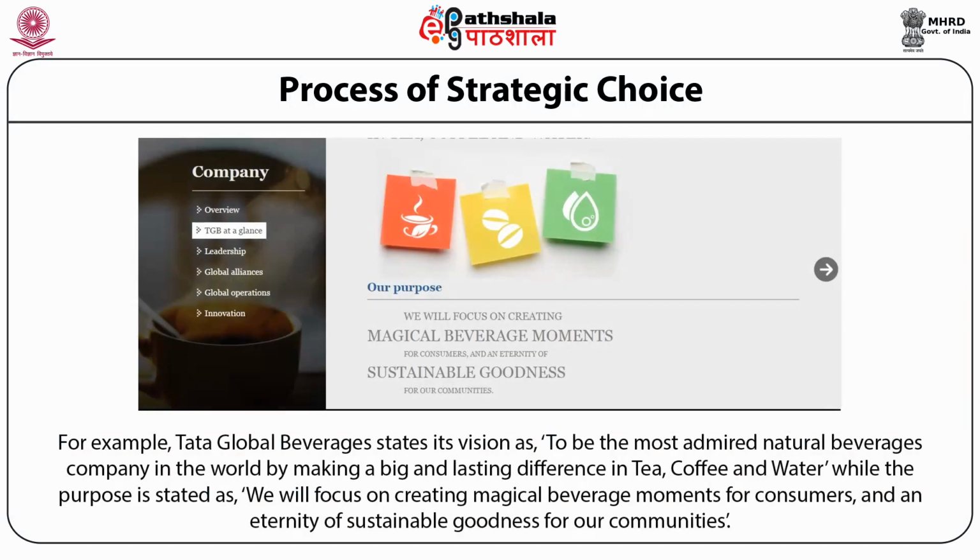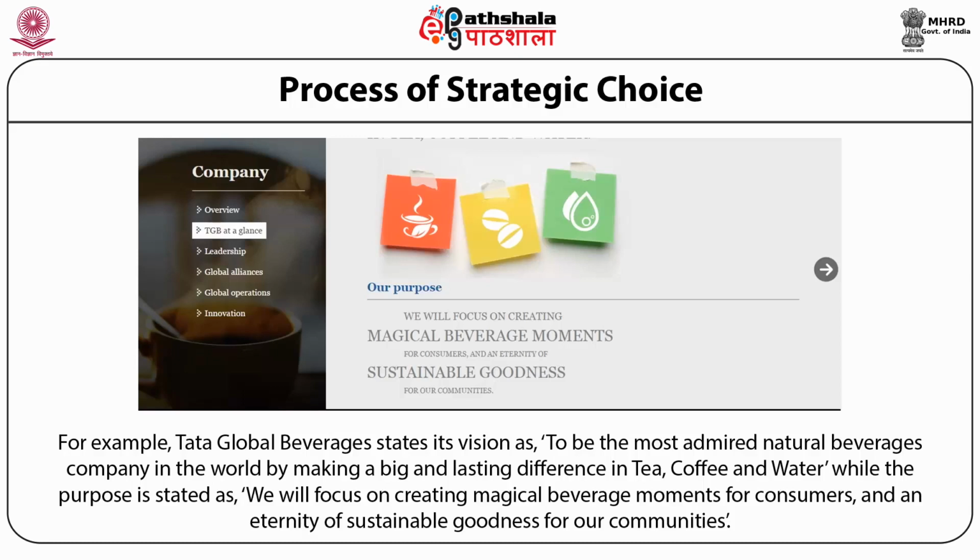For example, Tata Global Beverages states its vision as to be the most admired natural beverage company in the world by making a big and lasting difference in tea, coffee, and water, while the purpose is stated as: we will focus on creating magical beverage moments for the consumers and an eternity of sustainable goodness for our communities.